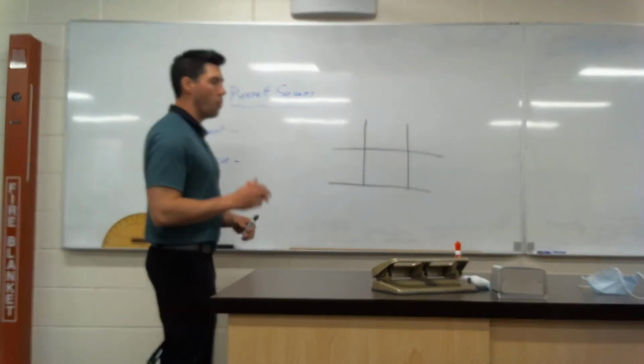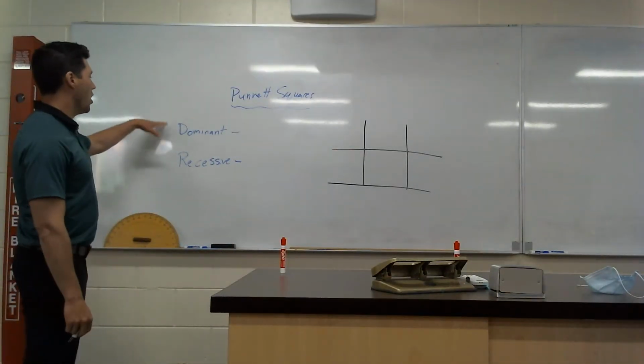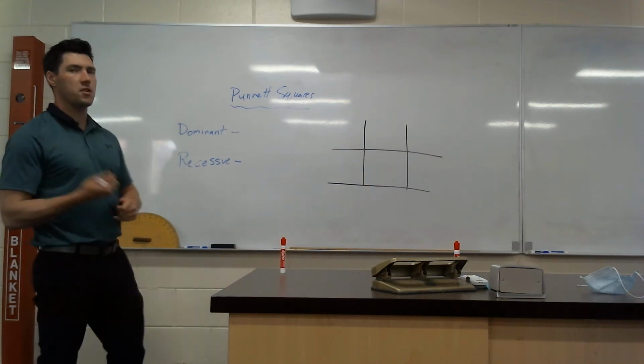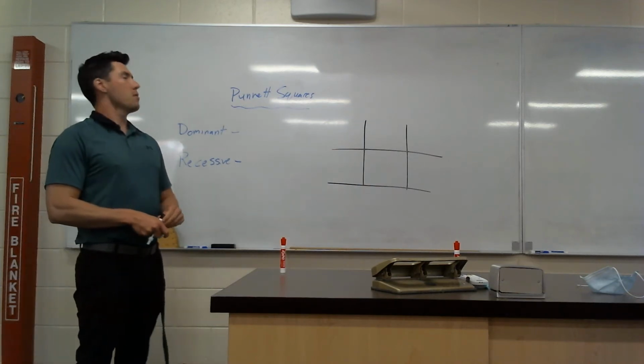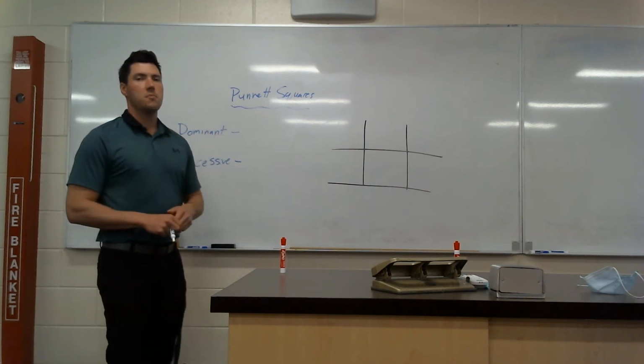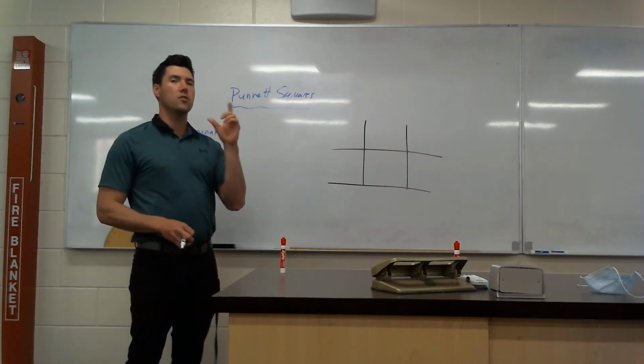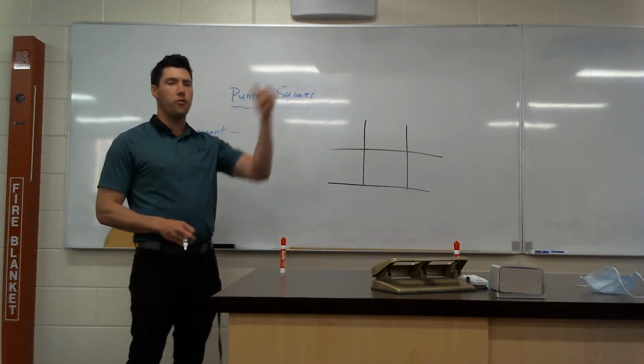There are 4 words that I want to go over first. Let's go over 2 of them first: dominant and recessive. There is a dominant trait and a recessive trait. A dominant trait means you're going to see this trait as long as you have one code from your parents.